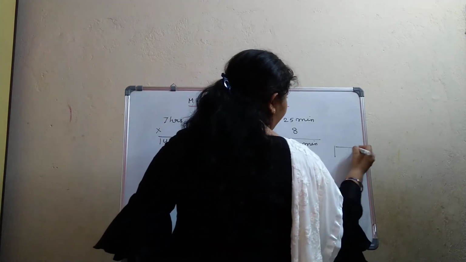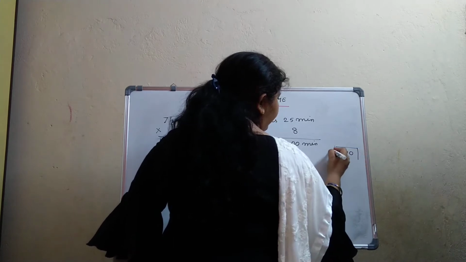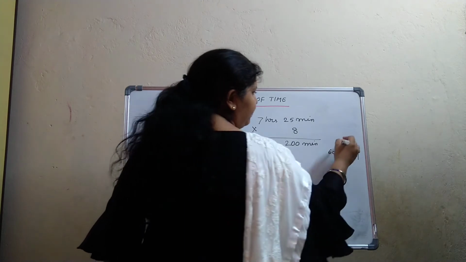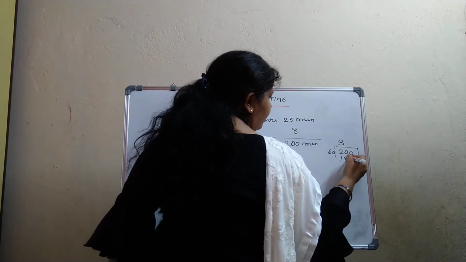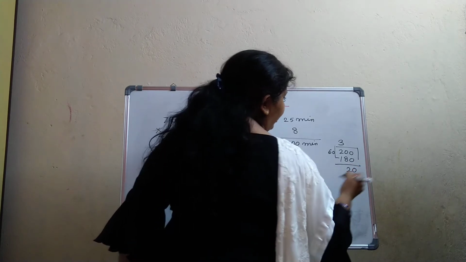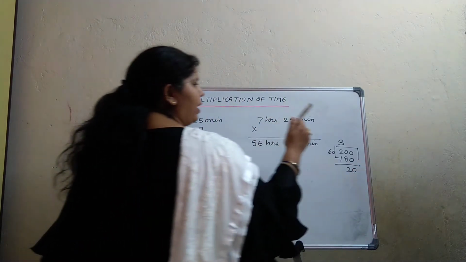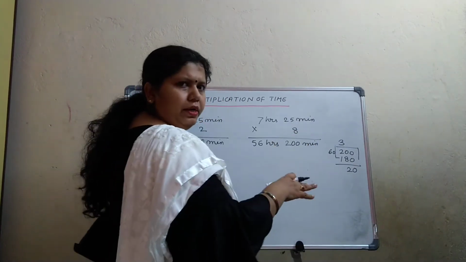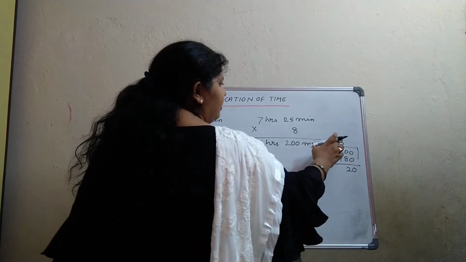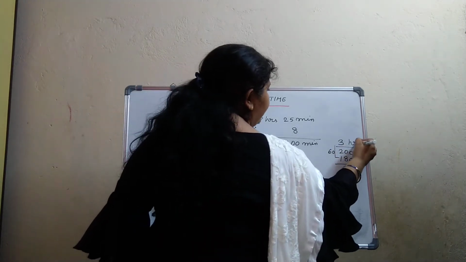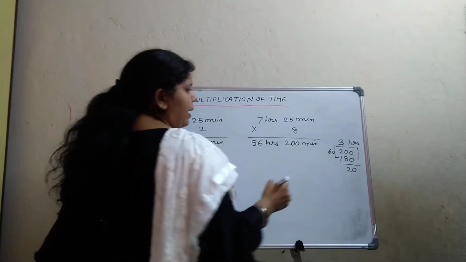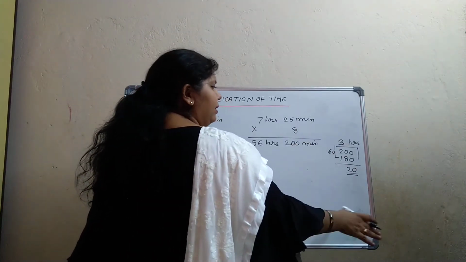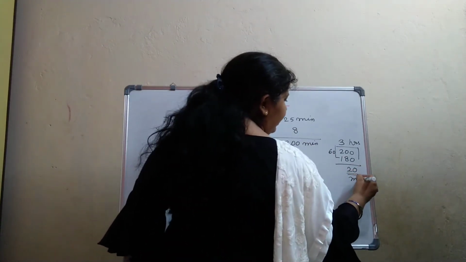Let us see what we will get. After dividing 200 by 60, what am I getting? 60 3s are 180, and I got the remainder as 20 here. So children, whatever you have got in the quotient place has got converted, that is the part which is in hours. And whatever you have got as the remainder here will remain in the minutes part.